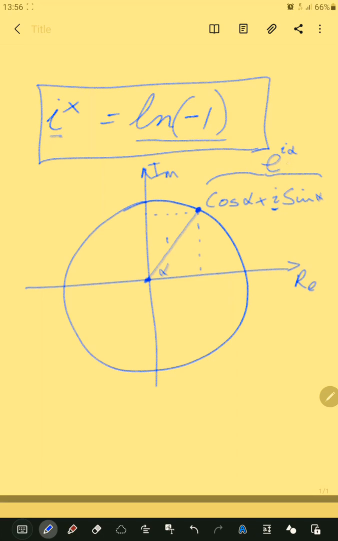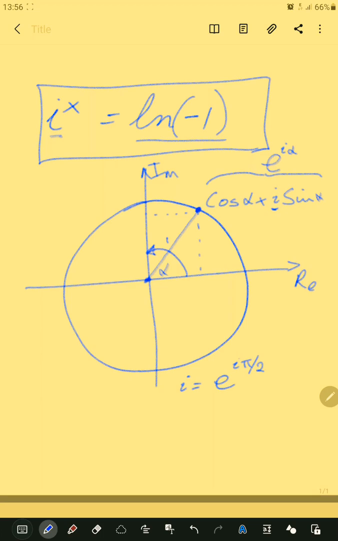So e to the i alpha is equal to cos alpha plus i sine alpha. We can represent the imaginary number i by e to the i pi on 2, where the angle alpha here is pi on 2. We work in radians with all of these complex number issues.